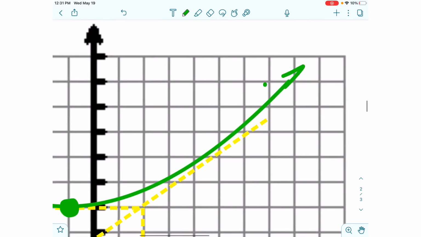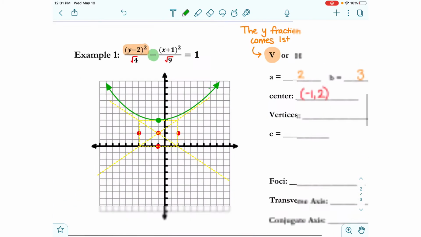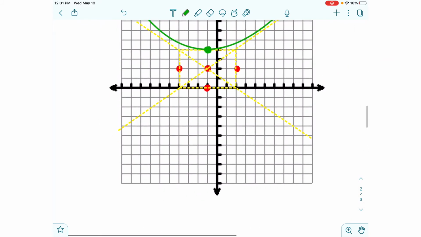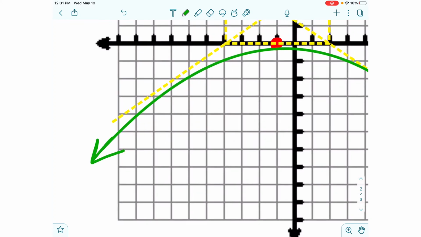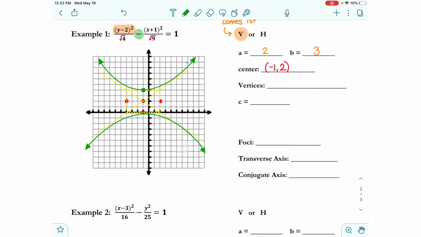Those yellow lines guide me in terms of how wide the hyperbola should be. It's just a guide. It doesn't have to be perfect, but it really should help you figure out how to draw this correctly. I'm going to fix that one a little bit, but that looks good. But you do want to draw it. I want to see those dashed lines there. Okay, there we go.